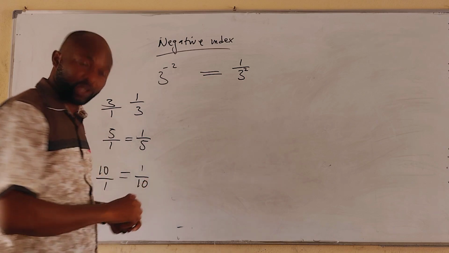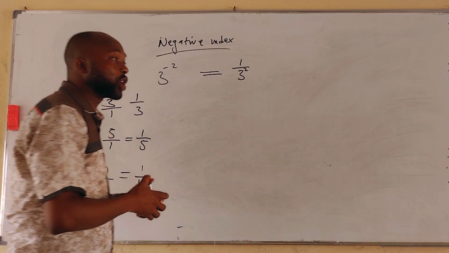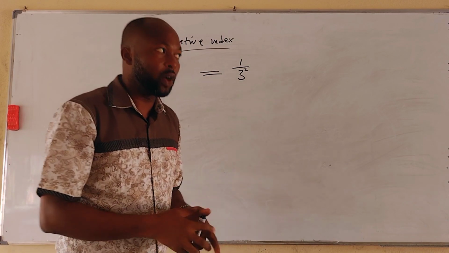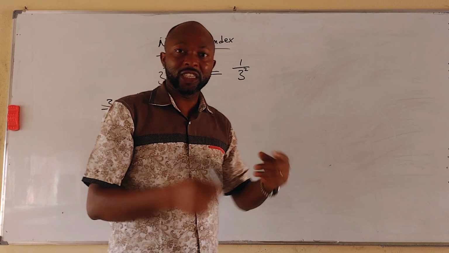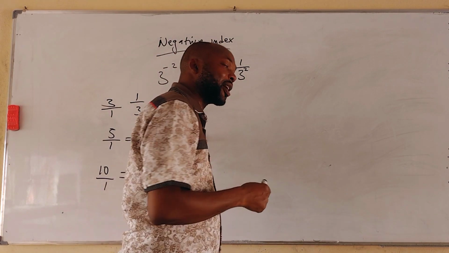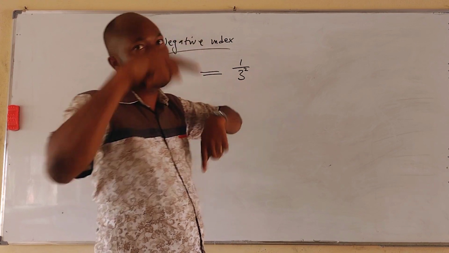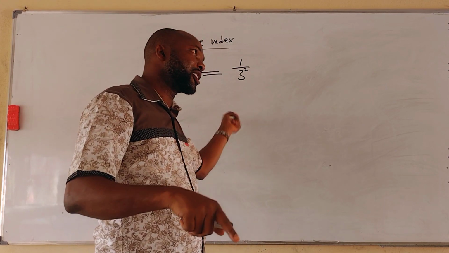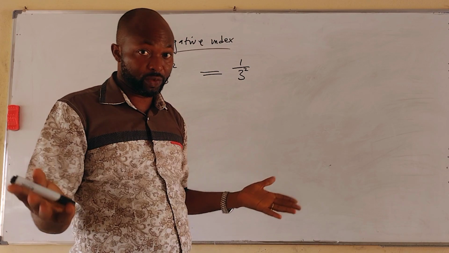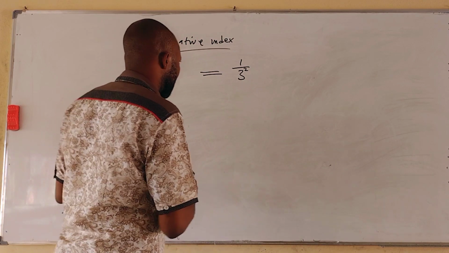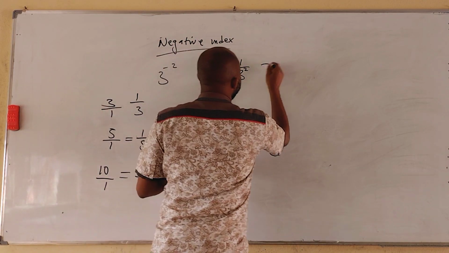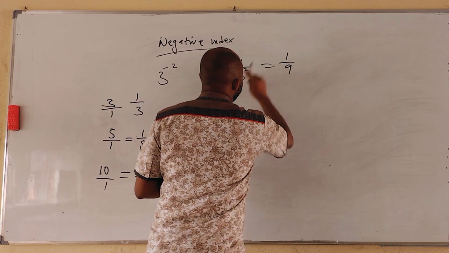That 2 is positive. That is what the law says. When a number is raised to a negative index, it is equal to the reciprocal raised to the same positive index. The negative index becomes positive index. The number itself, you get a reciprocal of it, and we move on. Yes, it's clear. So this is the same thing as 1 over 9, because 3 squared is 9.